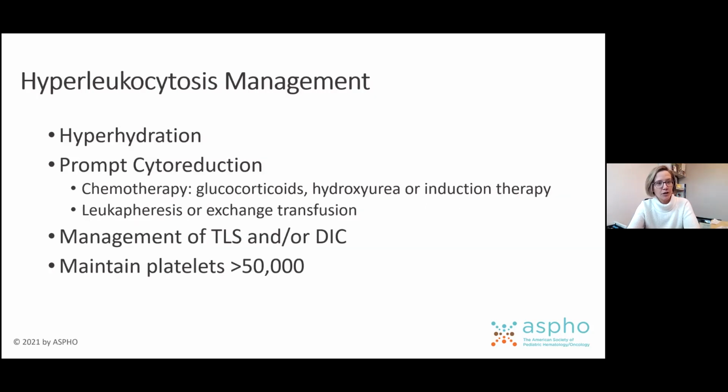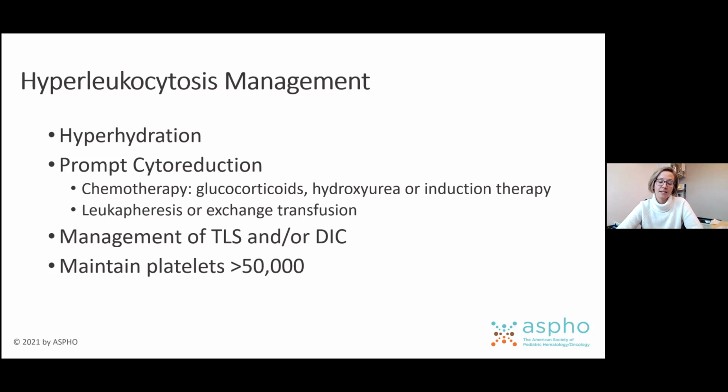So the management for hyperleukocytosis, again, is hyperhydration as the first line, just trying to flush everything out as much as possible, and then also prompt cytoreduction. And that can be done in a number of ways. First, chemotherapy, whether it be steroids or hydroxyurea as a first line, or starting induction therapy right away.